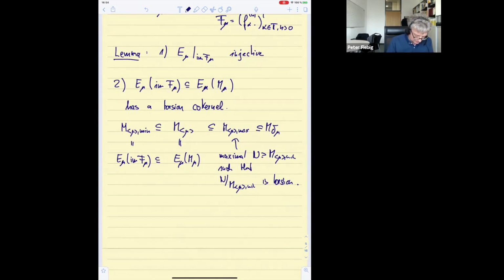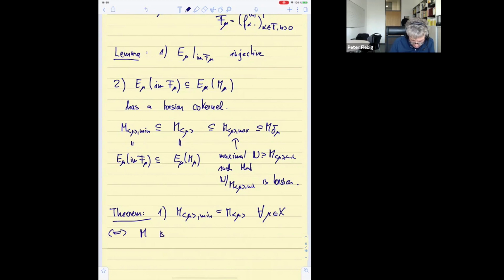And now the first theorem. The first part is kind of easy to prove. Suppose our intermediate subspace is always minimal. Then this is the case if and only if M is a direct sum of Weyl modules.